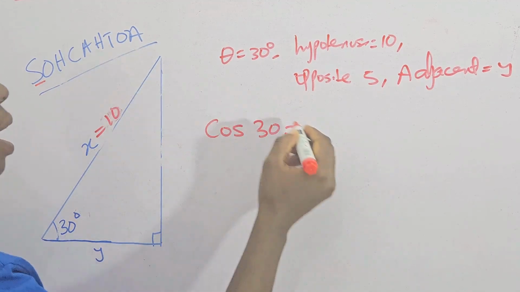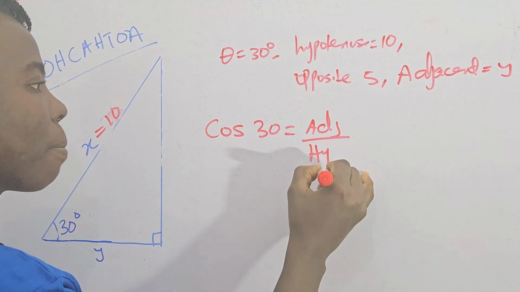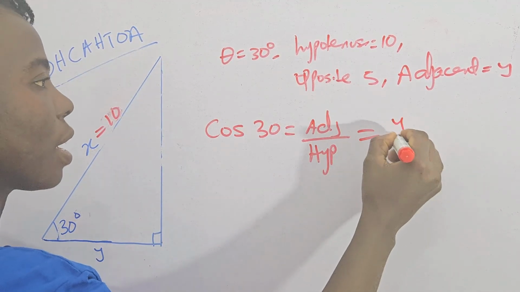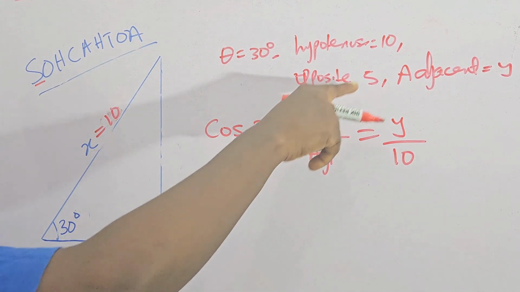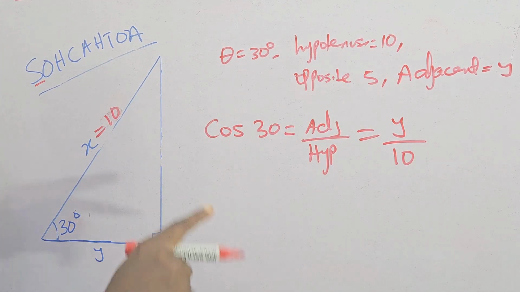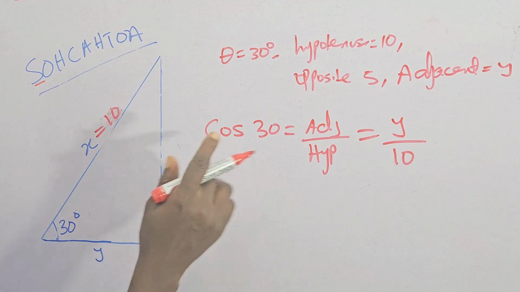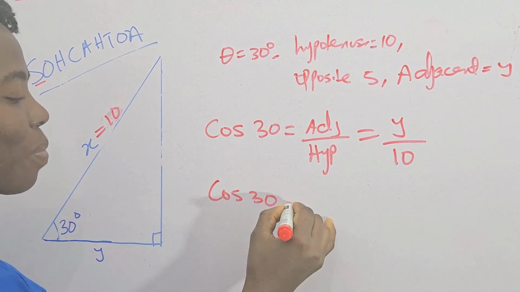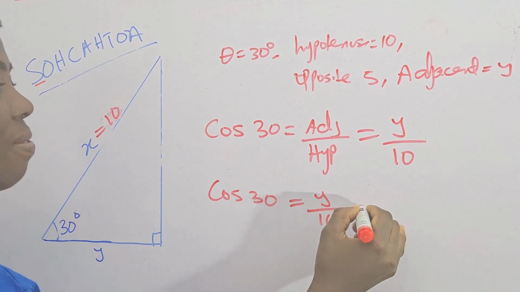So I'm going to use cosine and say cos 30. Cosine is what? Adjacent over hypotenuse. And what's our adjacent? The y we are looking for, and the hypotenuse is 10. The only danger is that you must be sure the hypotenuse you got is correct, because if it is not correct, the answer for your adjacent will also be wrong. Is that okay? So let's go ahead. We have cos 30 equals y over 10, right?